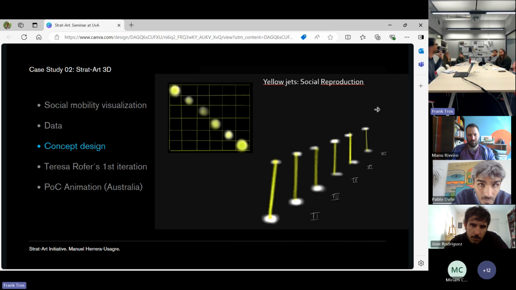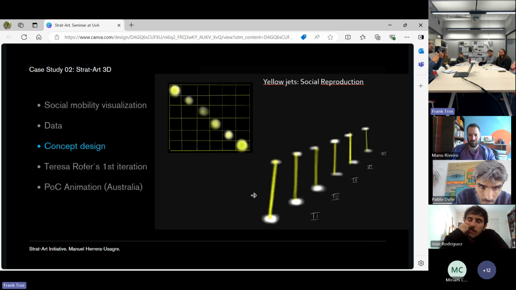And I create yellow dots. The width of those yellow dots depends on what I found in my table. So I expect the social reproduction of the first class, the service class, to be one of the thickest of those tubes or jets or whatever. So you would ask me then, how would you represent people coming from other social classes?